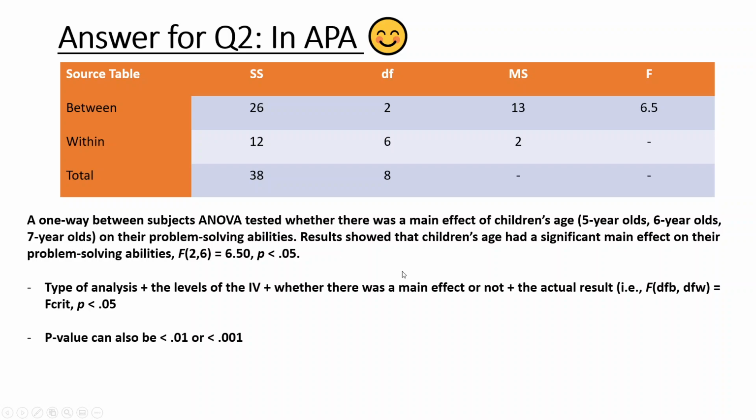And then whether there was a main effect or not, so results showed that children's age had a significant main effect on their problem-solving abilities, and then the actual result. And if p is less than 0.01 or p is less than 0.001, that's much better than 0.05. So that's kind of what I tried to put right here.